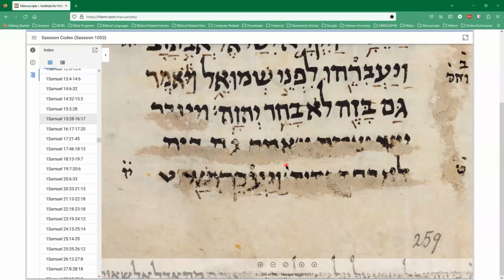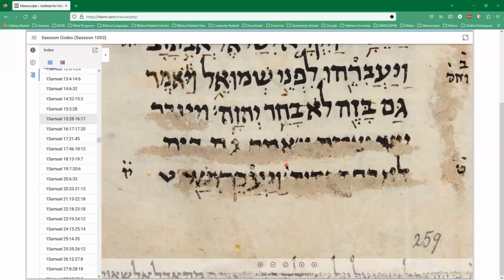And if it is, that means it's very likely that the proofreader is the original scribe. Not necessarily, right? The same scribe could use two different inks. It happens all the time. But if it's the same ink, that would point to the likelihood that we're dealing with the same scribe. If it's a different ink, then it very well could be a different scribe. The letters look the same, but the letters are kind of sloppy, right? I mean, it's written over an erasure.